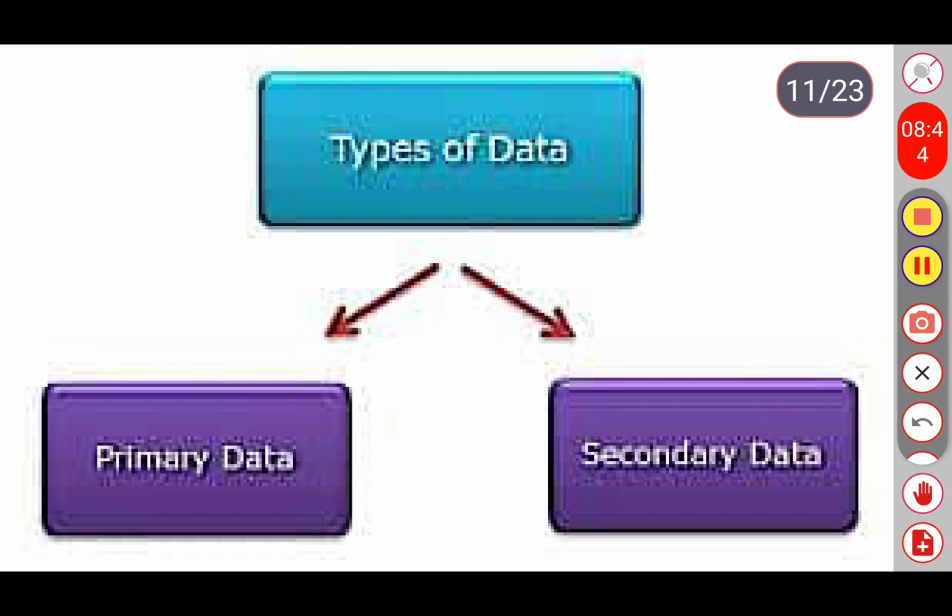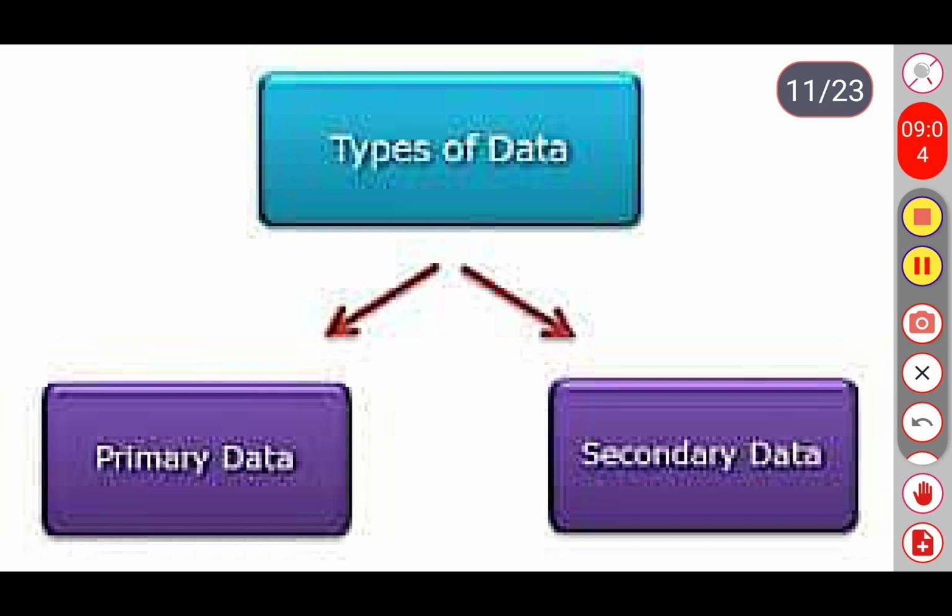Secondary data examples. First one is number of vehicles in the particular city, number of population in the particular state, number of houses in the particular city, and number of shops in the particular state.